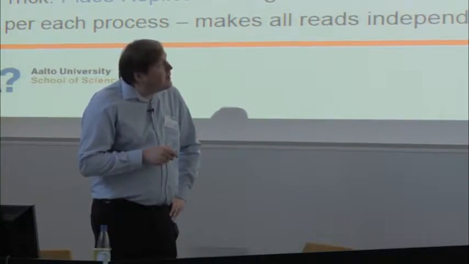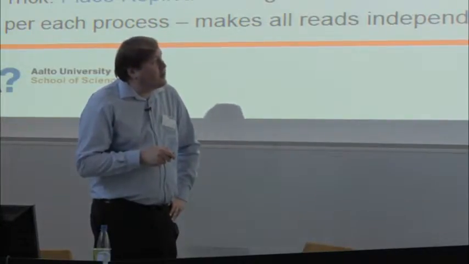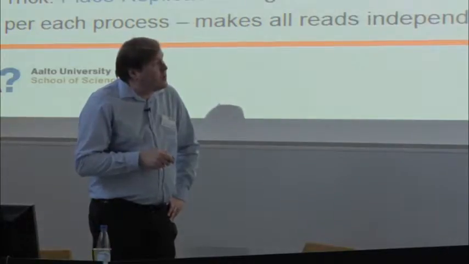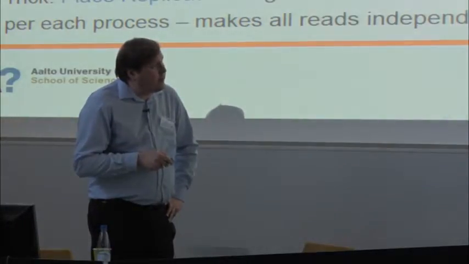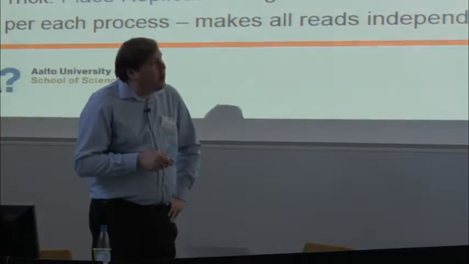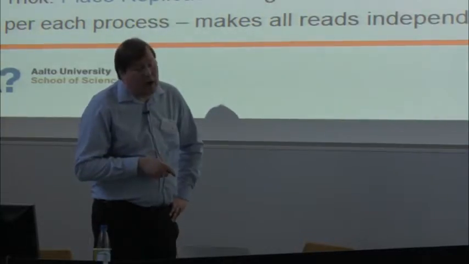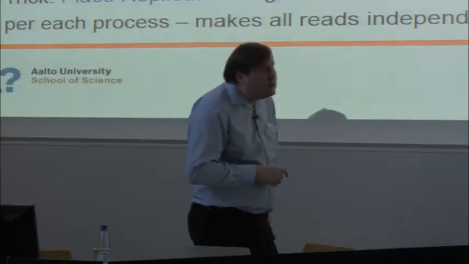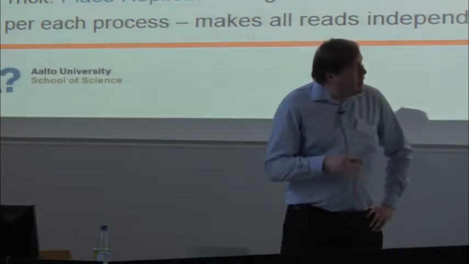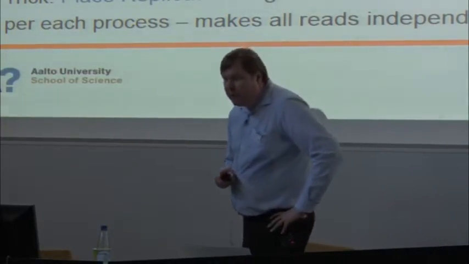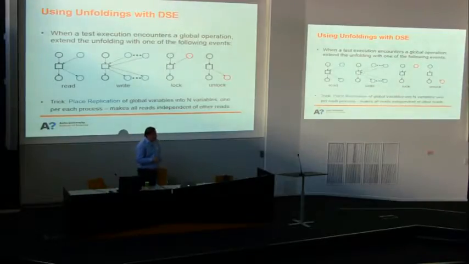Here we have a trick that we do. We use a trick called place replication, where a global variable is split into n variables, one for each thread. For this to work, we actually need to know how many threads we have in our program. We can fix this later on, but for now, let's assume that we start all the threads in the beginning and live with that.